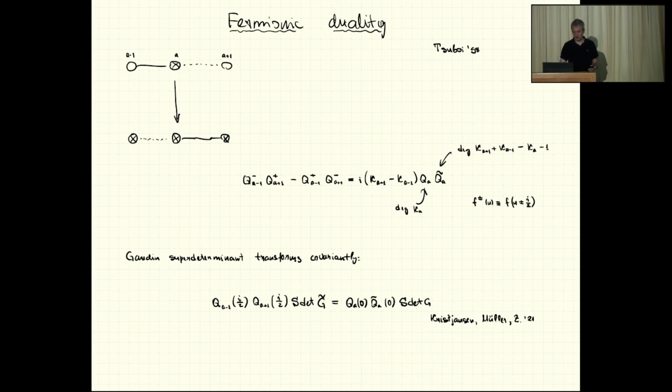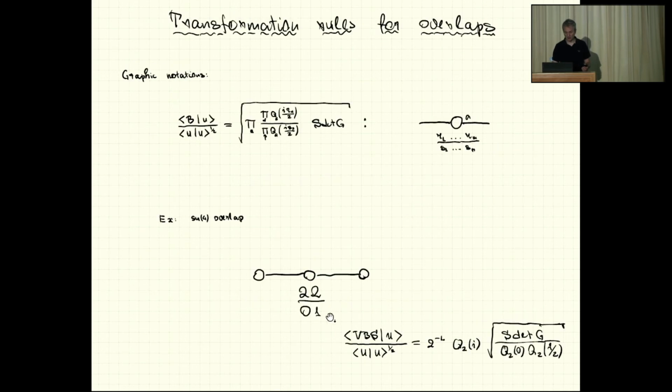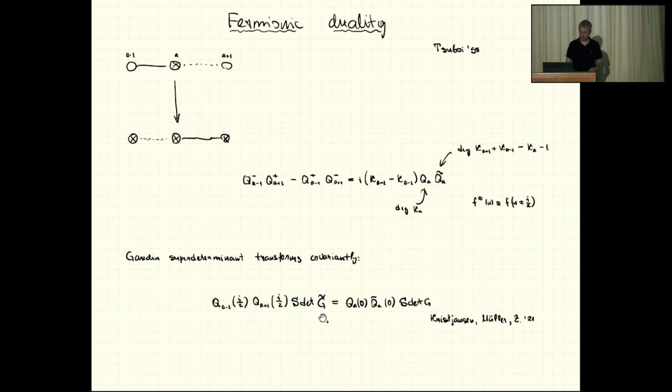What is less well known, but it is also true, is that the superdeterminant of the Gaudin matrix also transforms nicely. I don't know what happens to its determinant, but if one computes the superdeterminant, then it basically remains the same up to some factors that are simply Q functions of the spin chain. It's plus or minus 1, right?